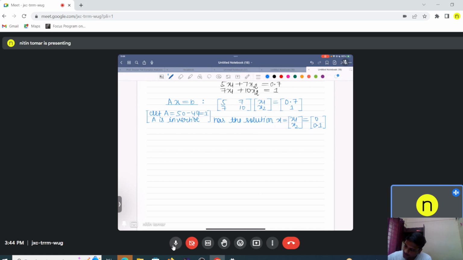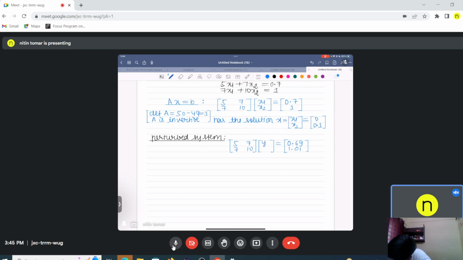Now if you perturb the system, like a perturbed system, so for example, now A you are not changing obviously, some vector here. You change 0.7 by 0.69 for example, and 1 by 1.01.